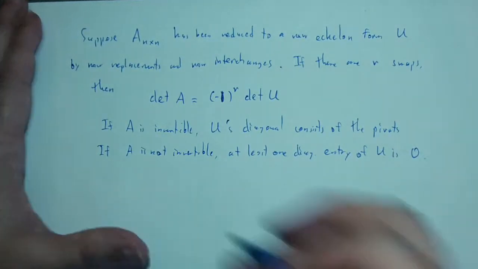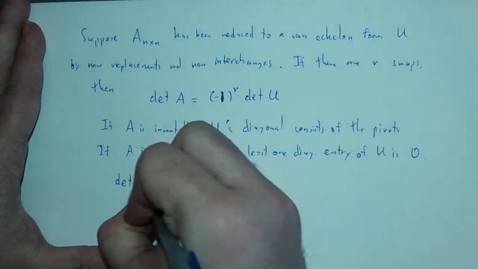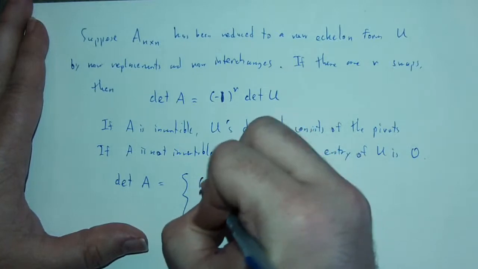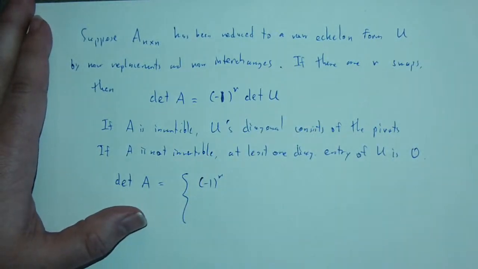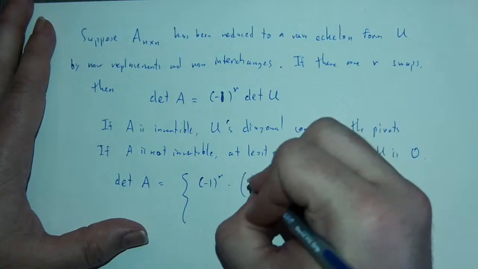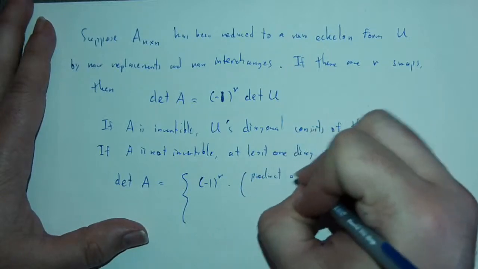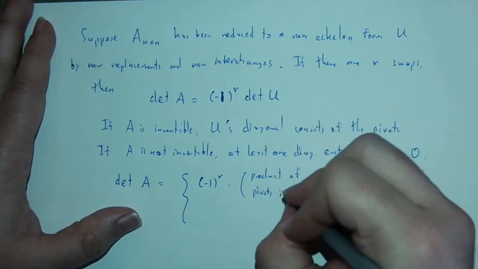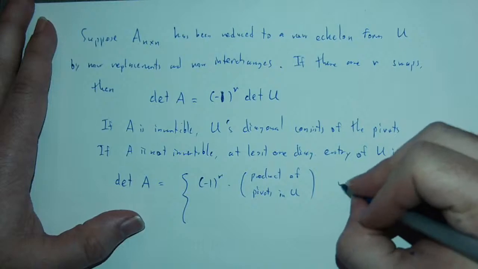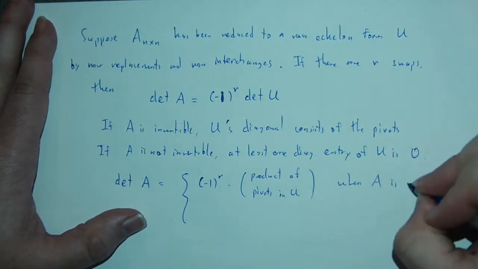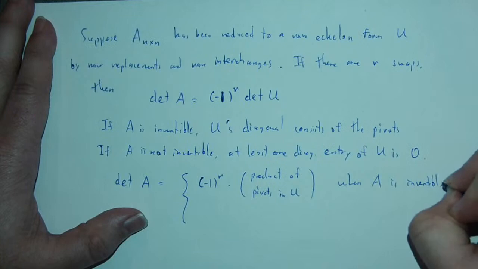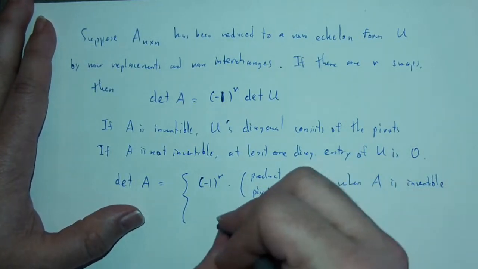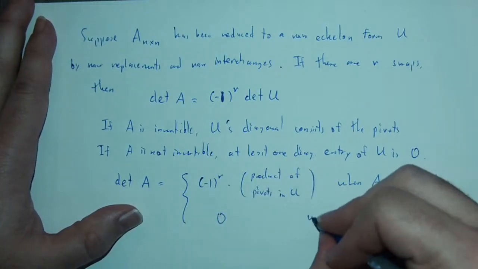So the determinant of A in that case, there are two options. It is -1 to the R times the product of pivots in U, and this happens when A is invertible. Notice this is not 0. And it is 0 when A is not invertible.